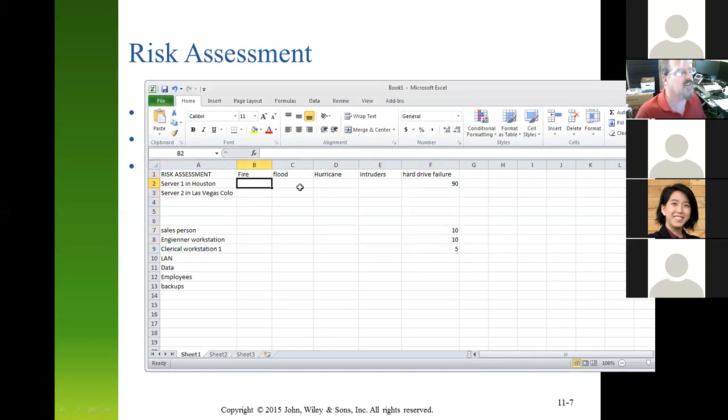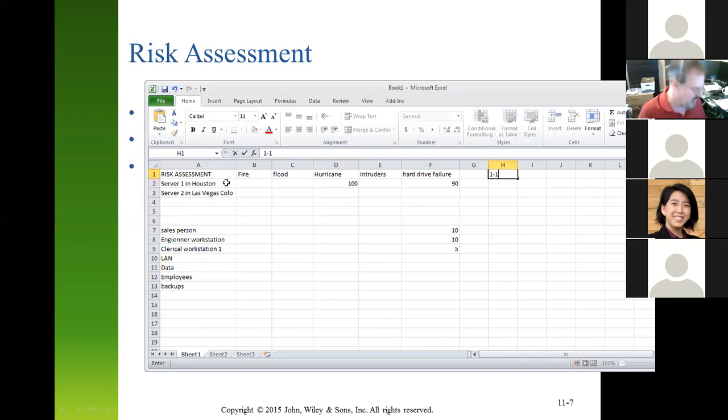Now let's take a look at some of these natural disasters like fires and floods and hurricanes. Server 1 in Houston, what's the likelihood? You've got to think of several things here. How much value do you think I should place on a server in Houston with respect to a hurricane? High value. I'd say 100 on a scale of 1 to 100.